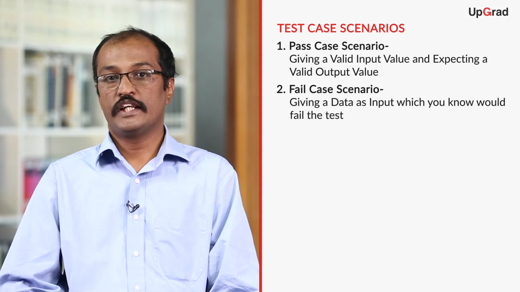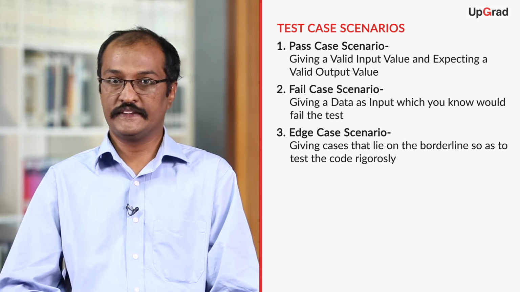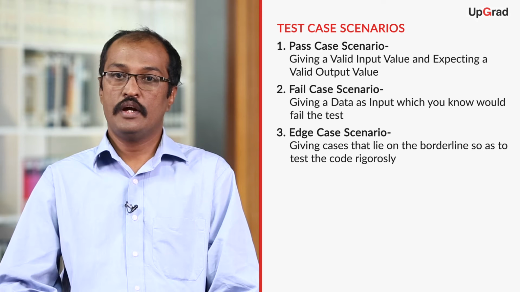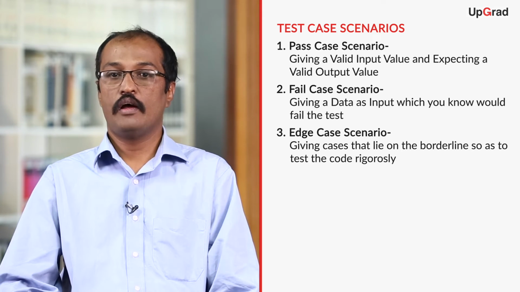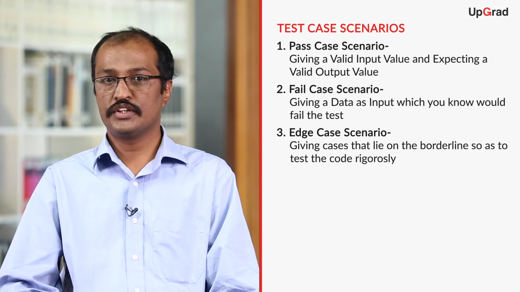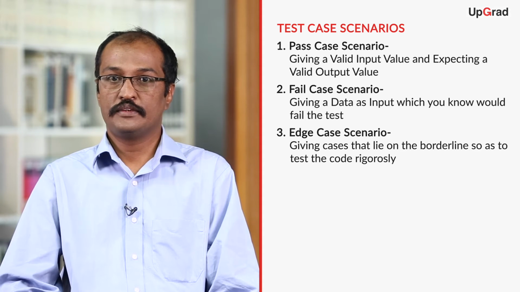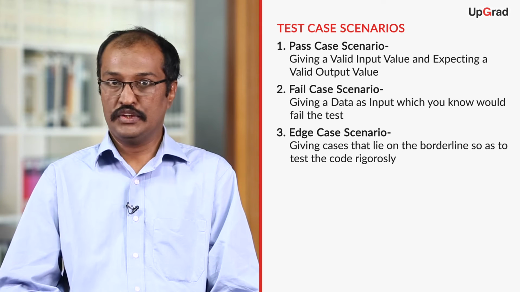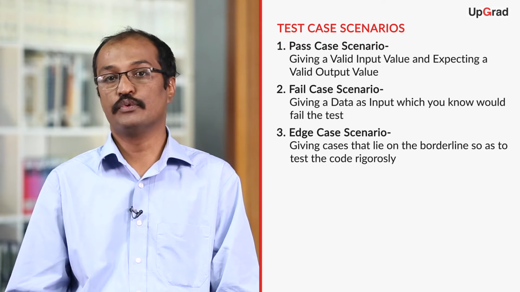The third type of scenarios are called borderline scenarios or edge cases. These test cases are typically used when you are dealing with data types that are numerical, strings or arrays, in other words, data types that have a range of values or a size of how many elements they store.